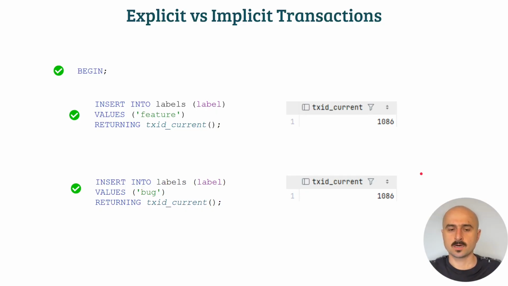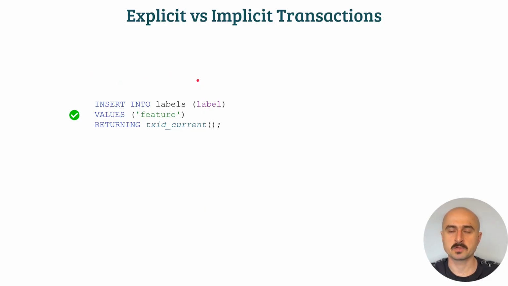Now we saw an example of an explicit transaction, right? So now what happens if we don't start a transaction explicitly? If we never execute the begin keyword, what happens then? Let's see. So here we are just executing again the exact same insert statement, but this time without first explicitly starting a transaction.